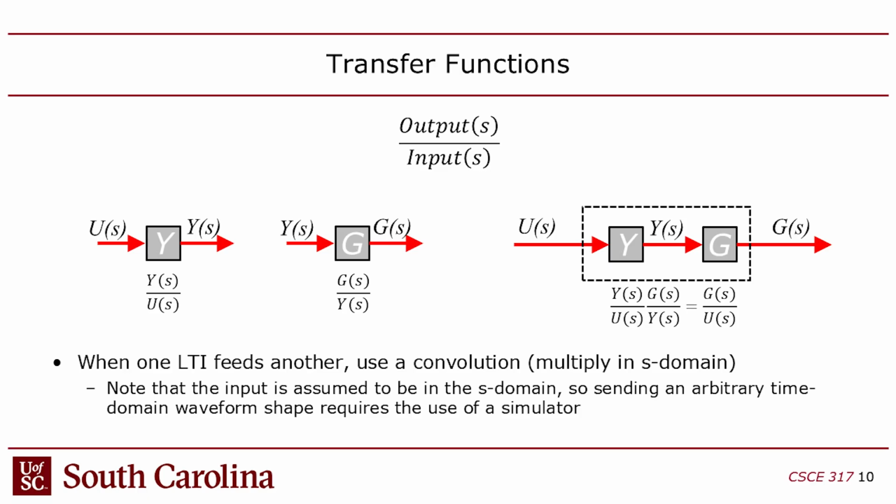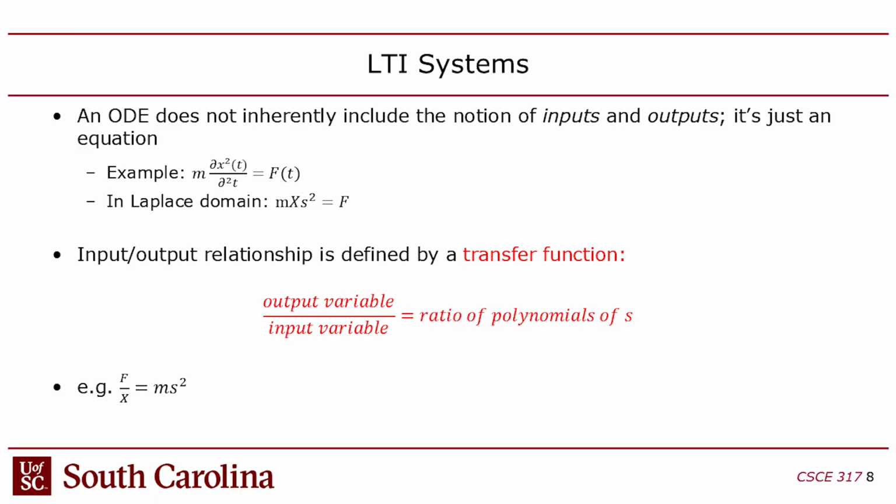So for example, this example says that the force is equal to mass times acceleration, where x is the position, so the second derivative of x is the acceleration, right? So going to the s domain basically means that this derivative just becomes multiplying this by s squared, x times s squared, right?